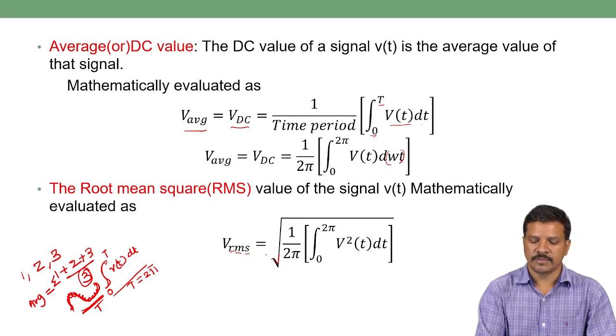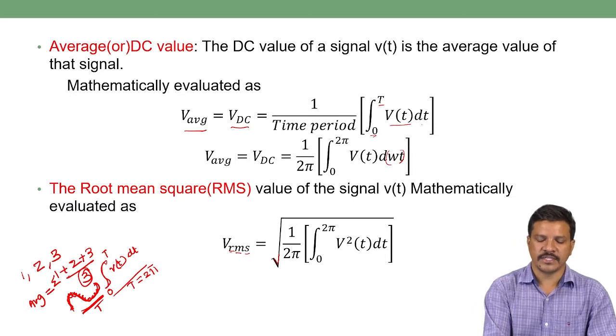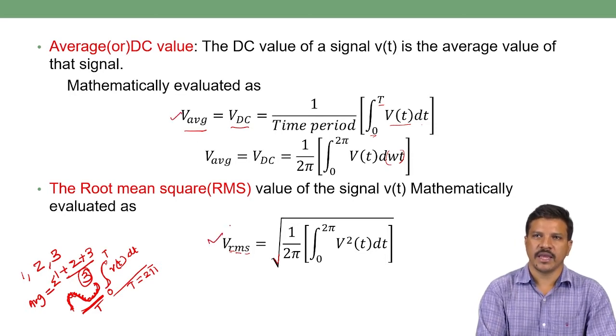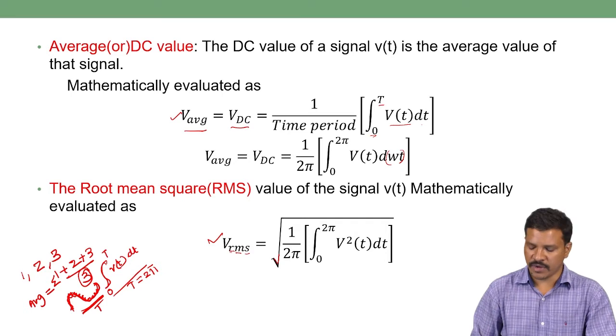So all these parameters are included in this value. This root mean square of the signal will help us find some parameters in the rectifier output. So V average and Vrms are the important parameters for any signal, which will be useful for the analysis of that rectifier.